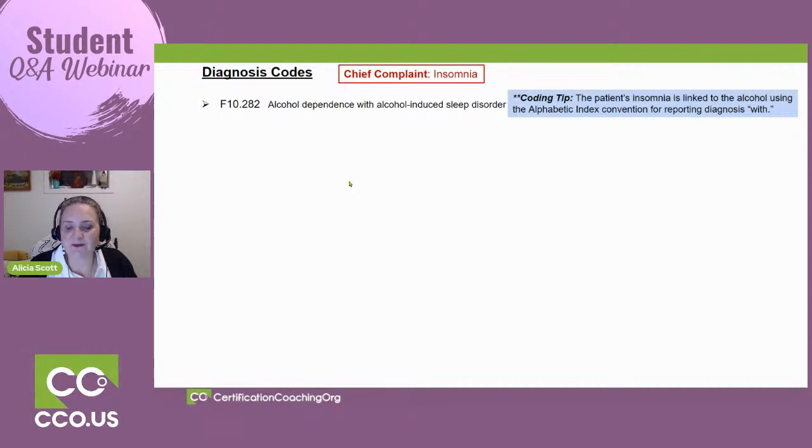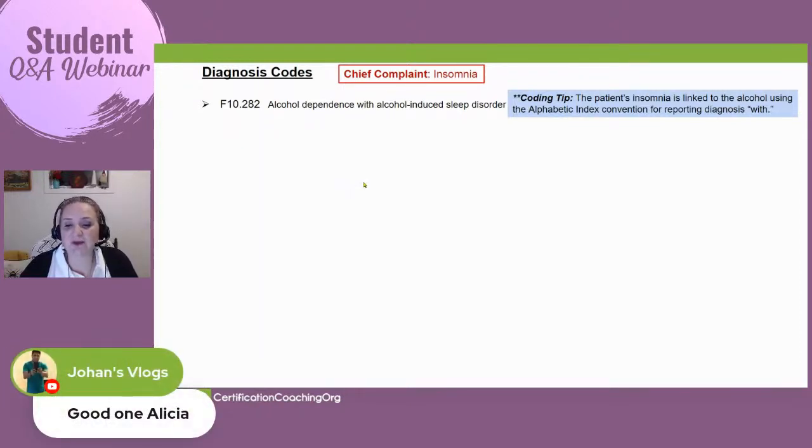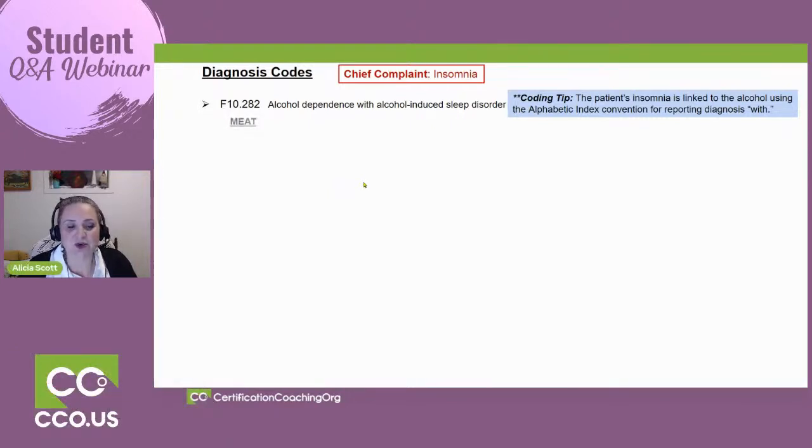So the coding tip: the patient's insomnia in the documentation was linked to the alcohol because of the word with. And you go to the alphabetic index and you're looking at with. So here's the meat for that. And really, we've already gone over it, but right here, alcohol dependence, depressive disorder, and she's got insomnia. So those are linked.